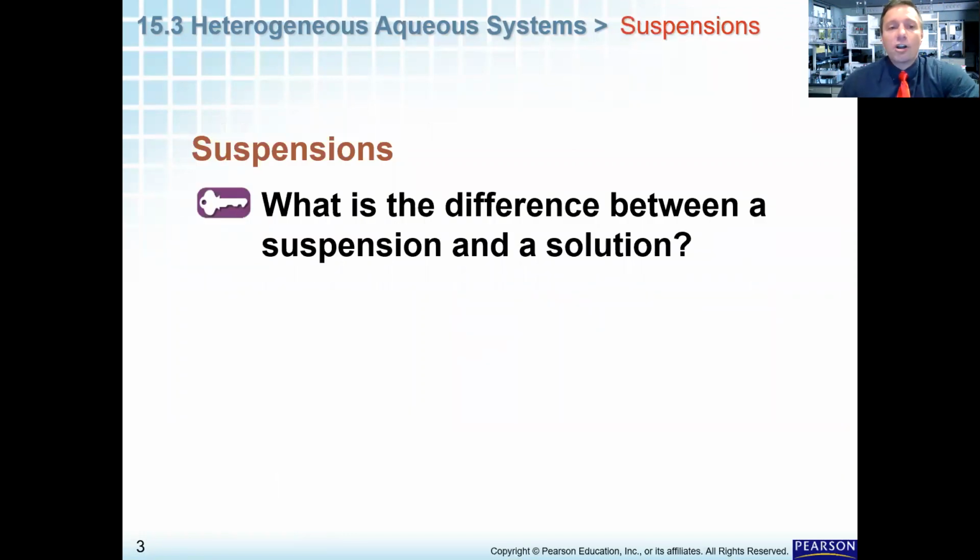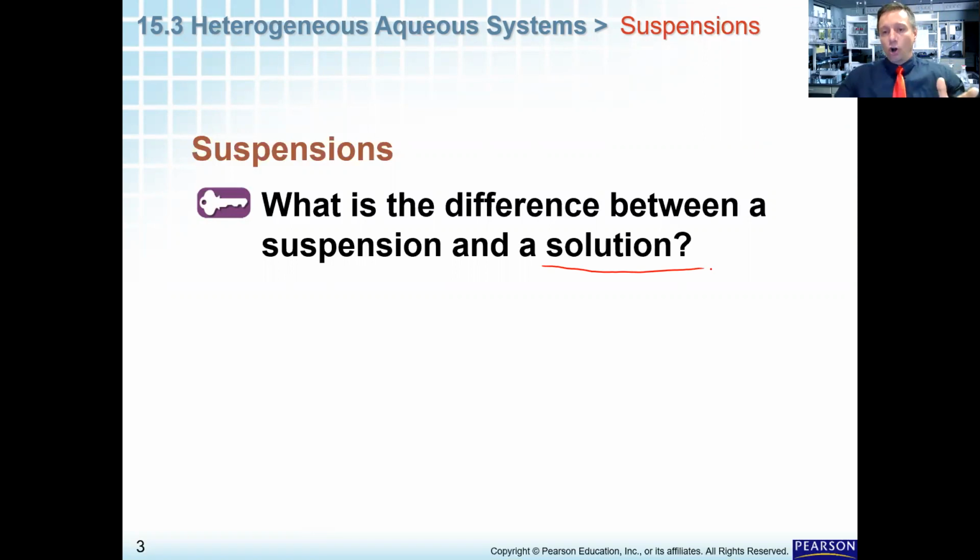So first off, let's talk about a suspension. What is the difference between a suspension and a solution? So let's think about, first off, a solution. We've talked a little bit about solutions. It's been a while, a couple of months. We talked about a solution being one phase.